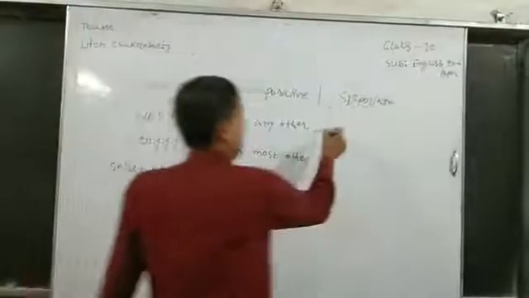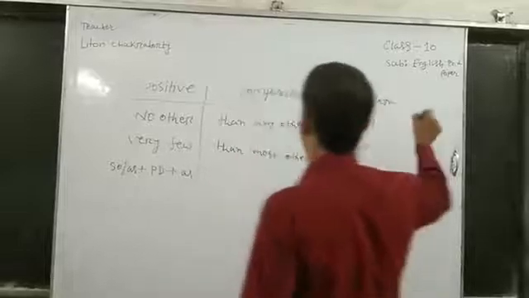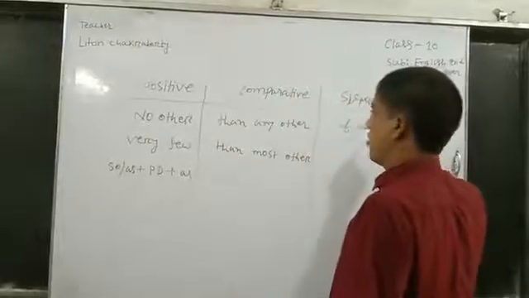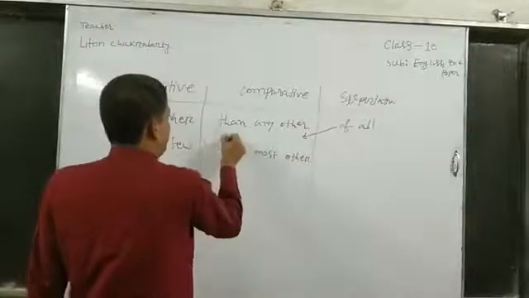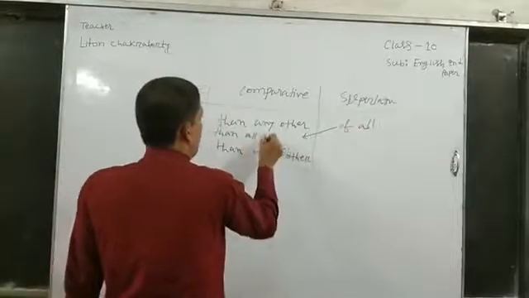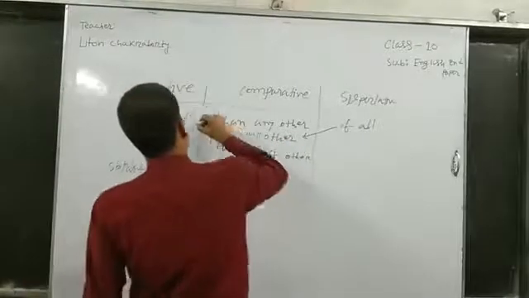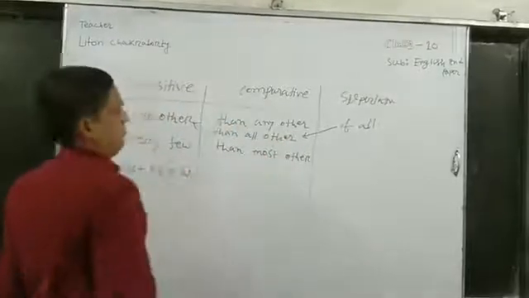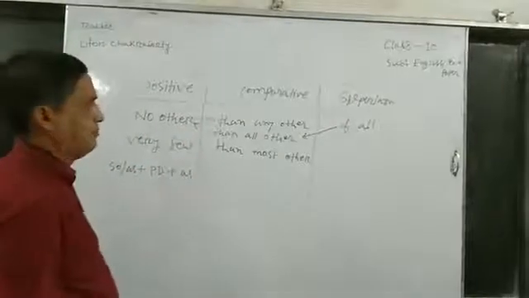And if you go for superlative, here this is over. Over will follow comparative, then all other. Again it will follow no other; no other follows than any other.